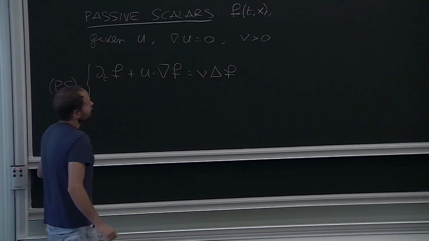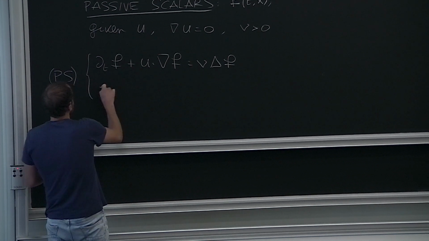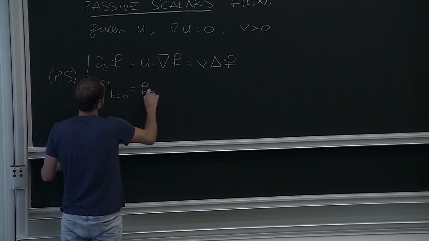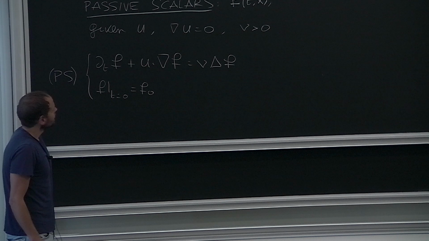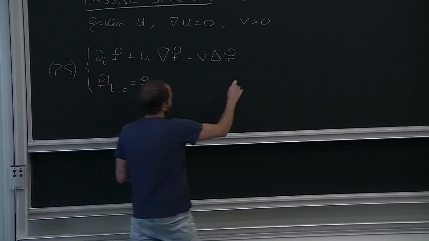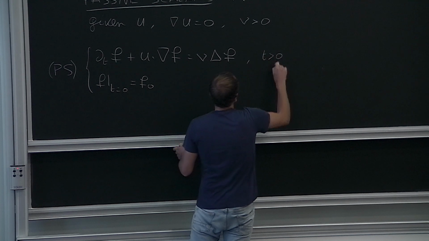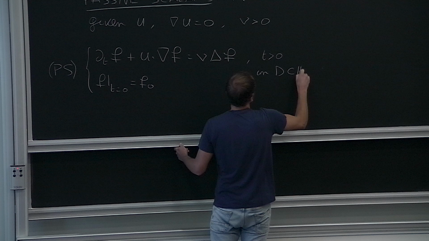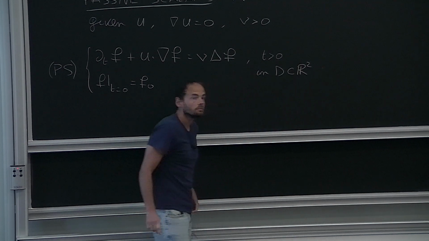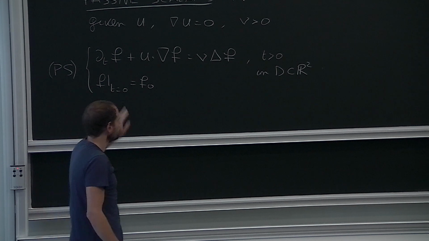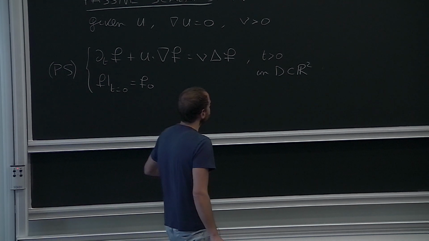So I will initialize with some initial condition, f of 0. And I will consider this equation, well, for positive times, and in the domain D, which will be in R2. Okay? So it doesn't really matter for this, but we'll mainly stick to 2D.